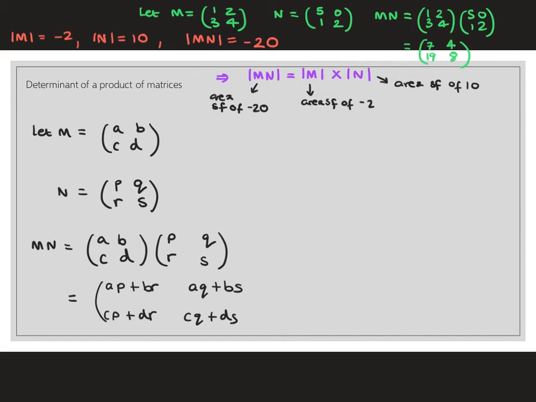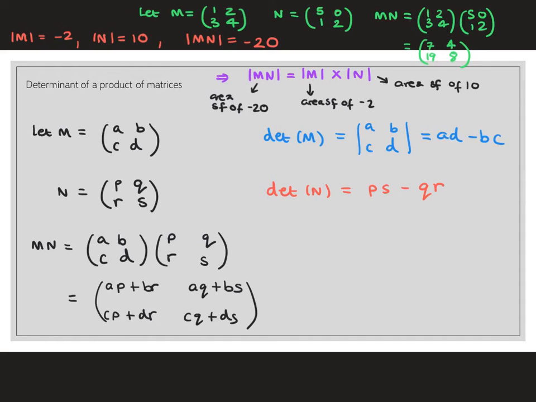And the next thing that we're going to do is work out the determinants of each of these matrices. So det M, which, by the way, if I wanted to, I could write this as well to mean the same thing, is equal to AD minus BC. Now, similarly, det N is equal to PS minus QR.